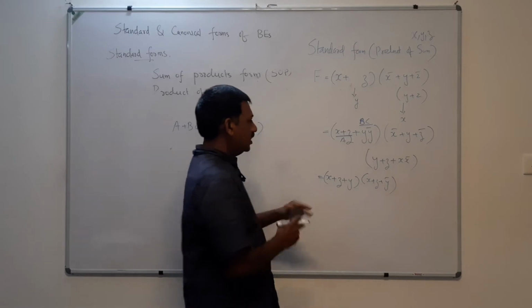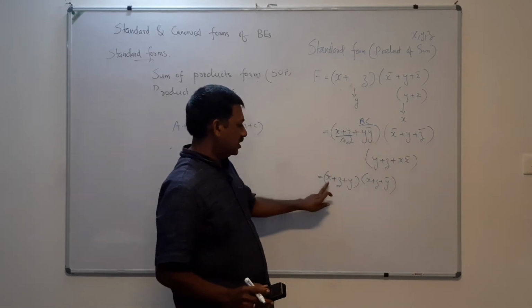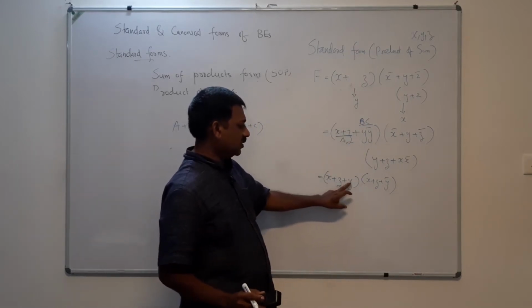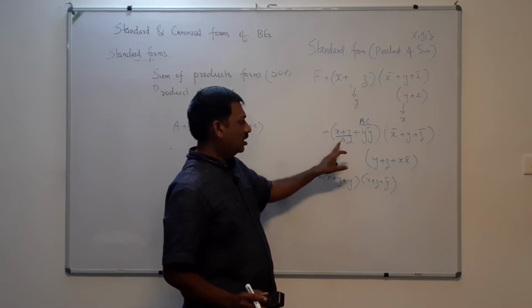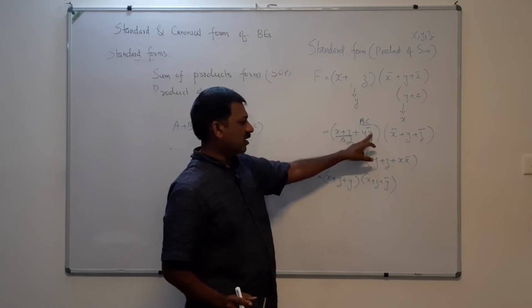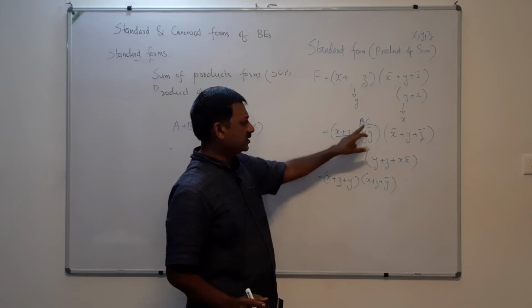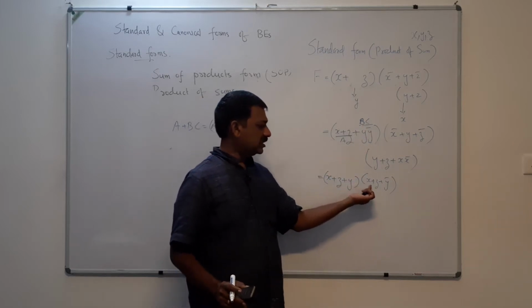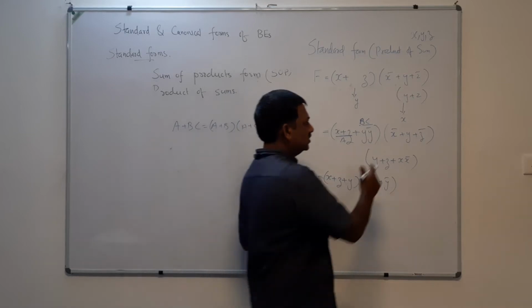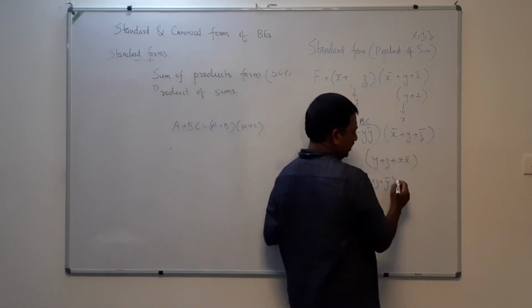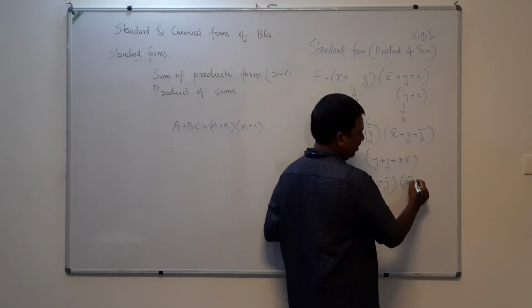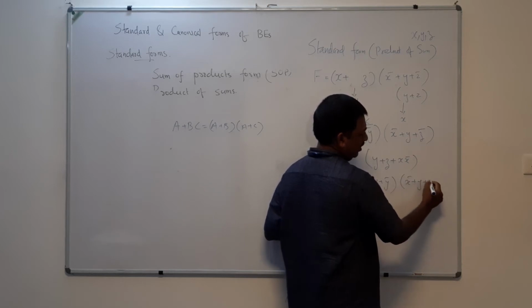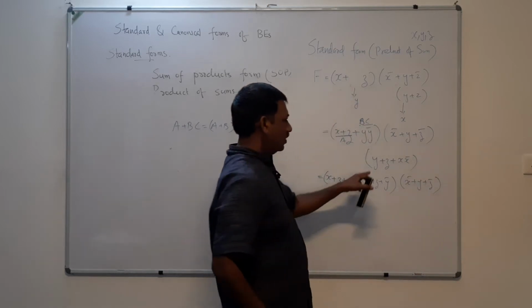What is a plus b into a plus c? That is x plus z plus y into x plus z plus y bar, and you are going to keep this as such, that means into x bar plus y plus z bar. And what is this?